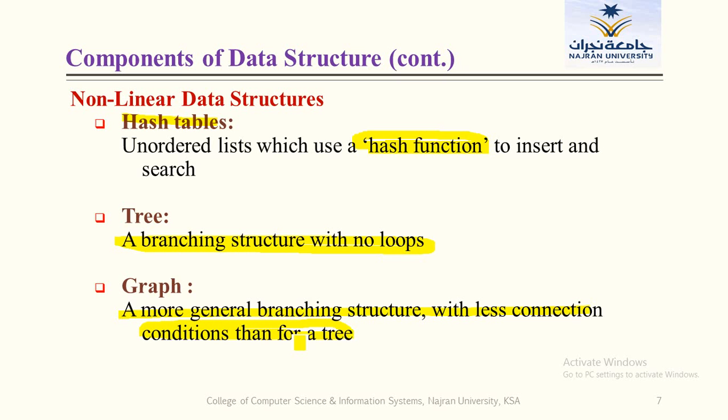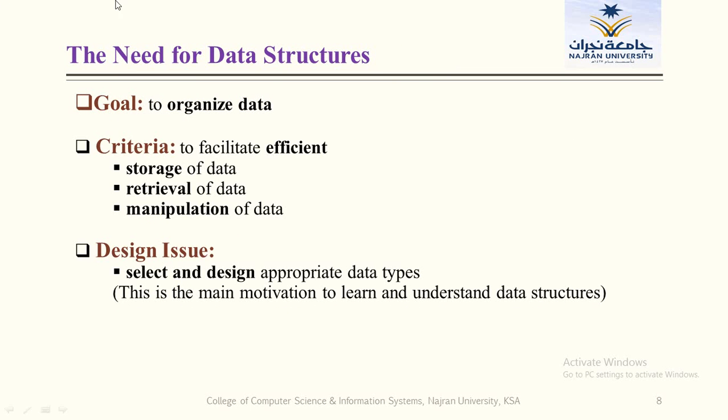So this is our basic course: we have linear data structures, we have non-linear data structures, and we will study all these data structures in coming lectures. After this, we have seen what a data structure is, and we have discussed that a data structure is a way to store and organize data. Here the important things are 3 points. What is the goal of a data structure? As we discussed, to organize data.